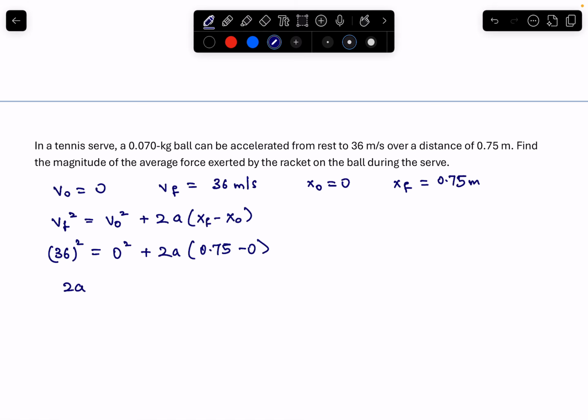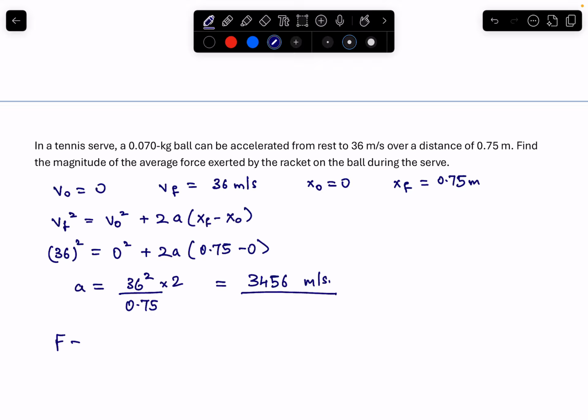Rearranging the equation, 2a is equal to 36 squared divided by 0.75, and then I'll also move the 2 to the other side. So quickly doing the calculation, I get this in meters per second squared. So now that's my acceleration.